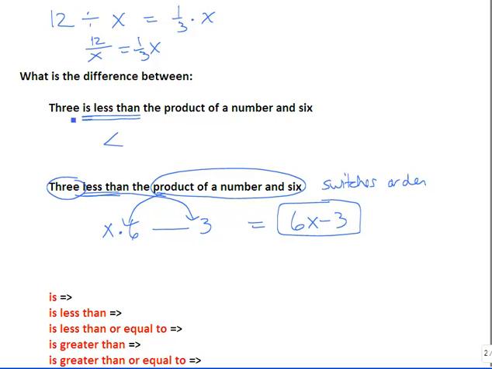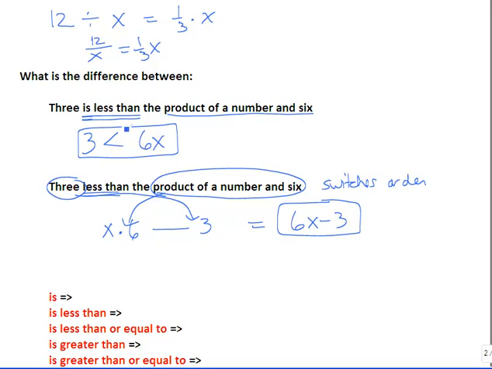So going left to right, 3 stays 3. "Is less than" becomes the less than inequality. And the product of a number and 6, there's that 6 times x again. So the answer to this first sentence is 3 less than 6x.